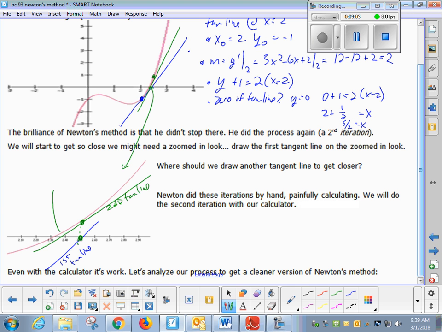And the idea is that the 0 of the second is even closer to the true 0 of the cubic. Okay?